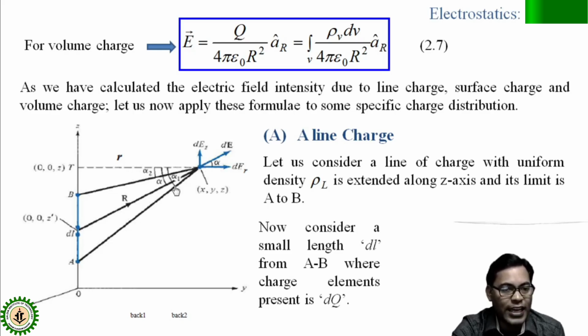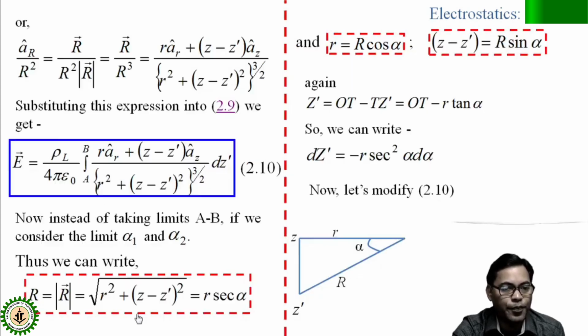So this angle is alpha 1, that is replacing a, and alpha 2 is replacing b. Again we know that this capital R equals mod of r, that equals root over of r square plus z minus z prime square. That can be written as r sec alpha.